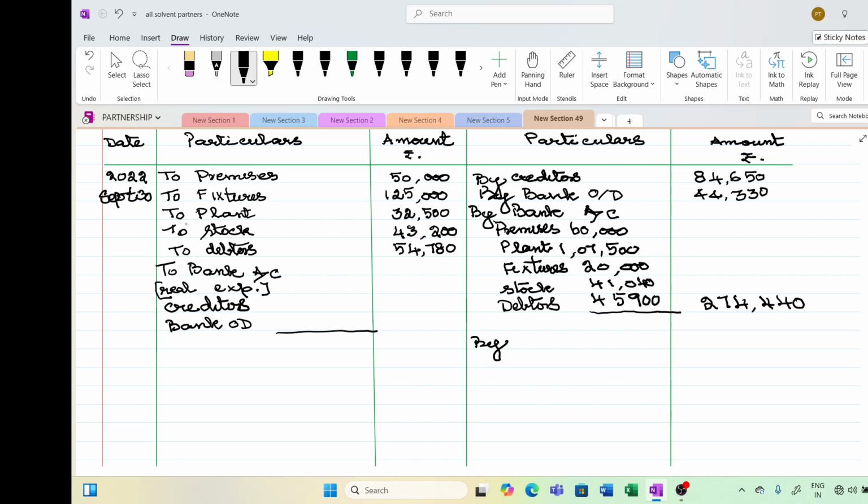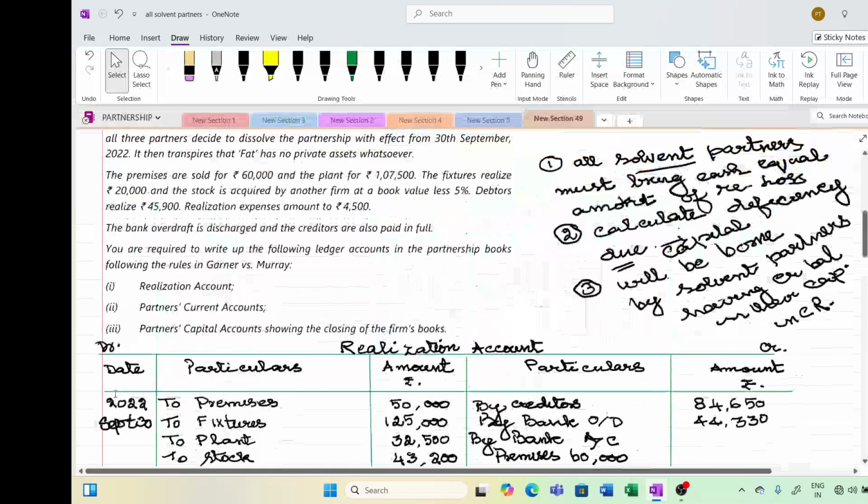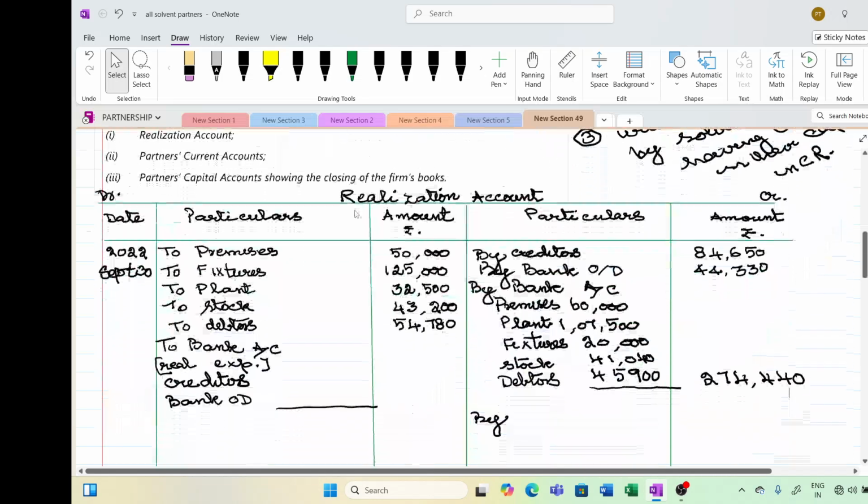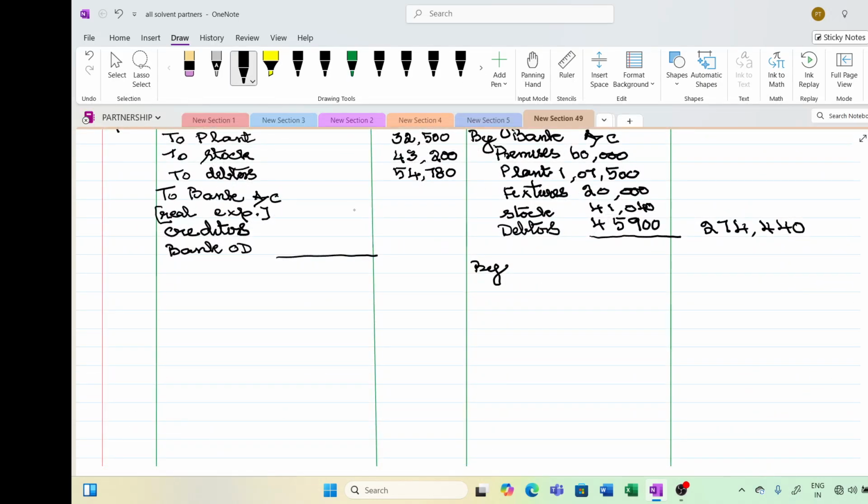Next thing, they have made the payment. They have already said that creditors are paid in full and there was an expense of 4,500. And bank overdraft was also discharged. So realization expenses was 4,500 and creditors are discharged in full, 84,650.